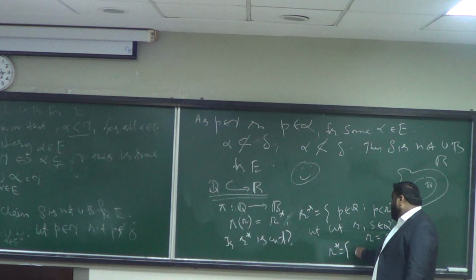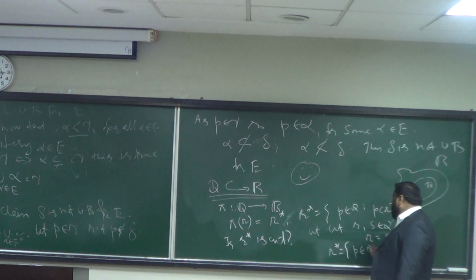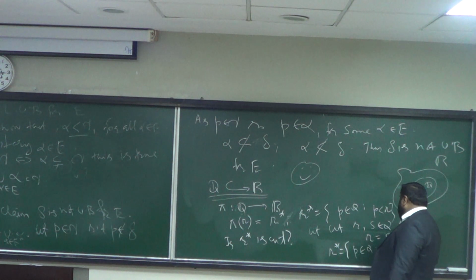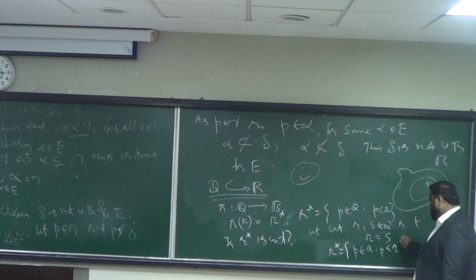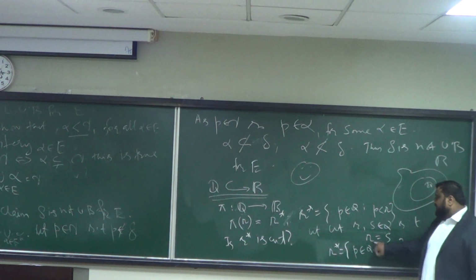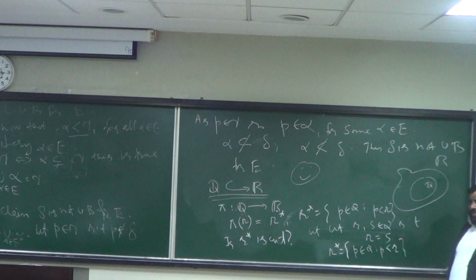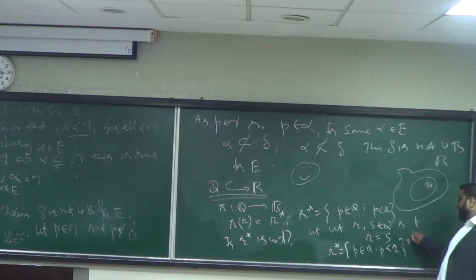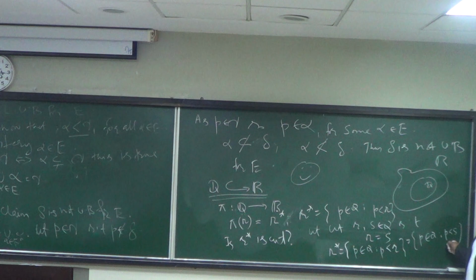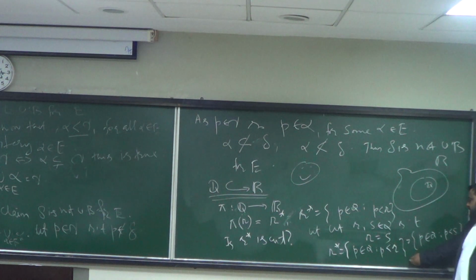It is going to be those P for which P is less than R. Now simply replace R with S. But since R is equal to S, this set should be P belongs to Q such that P is less than S. Why? Because R is S. So if it is equal to S, then what is this? S star. That's S star.